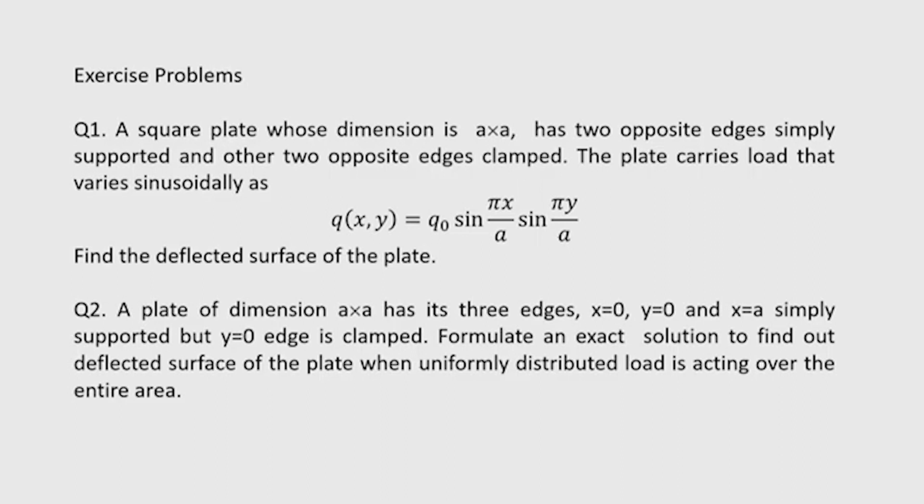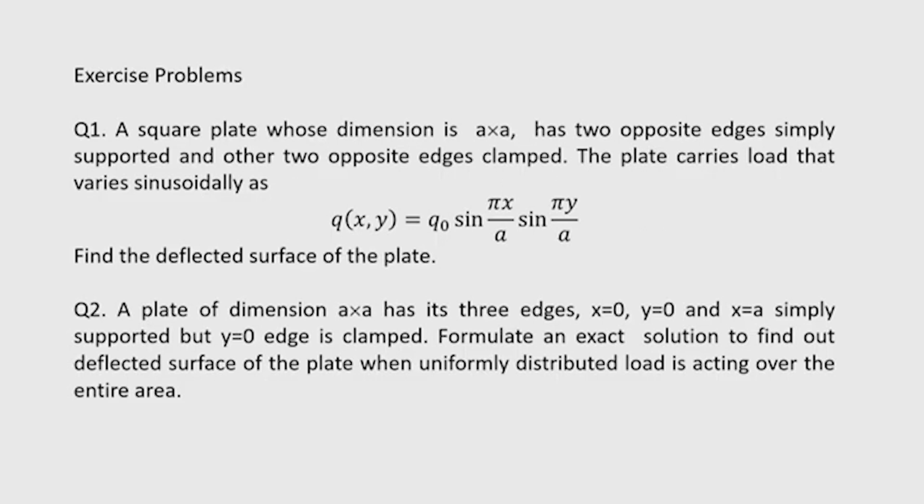Second question, we will see a plate of dimension a cross a. This has its three edges, x equal to 0, y equal to 0 and x equal to a, simply supported, but the edge y equal to 0 is clamped and the other edge y equal to b is also clamped.